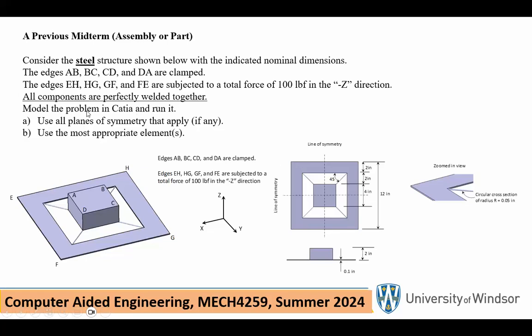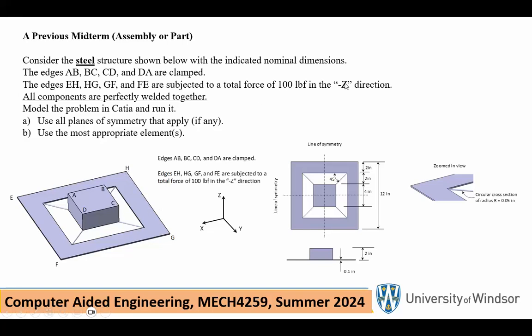You have to look at the edges, these edges A, B, C, D. These four edges are clamped, and these other edges on the side are subjected to a total force of 100 pounds in the negative z direction. By the way, remember that is the total force.